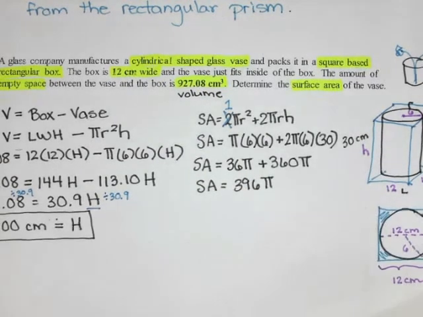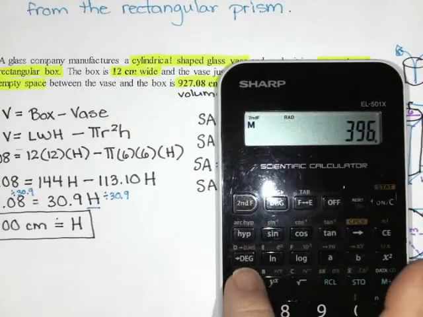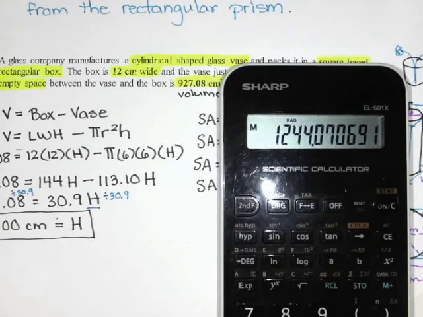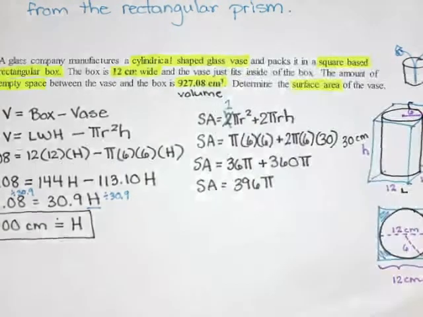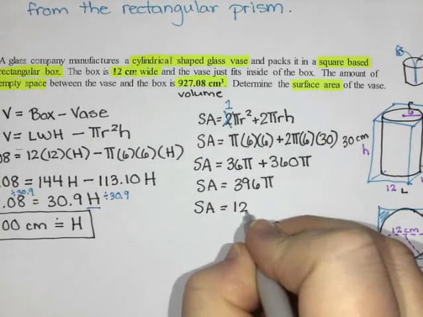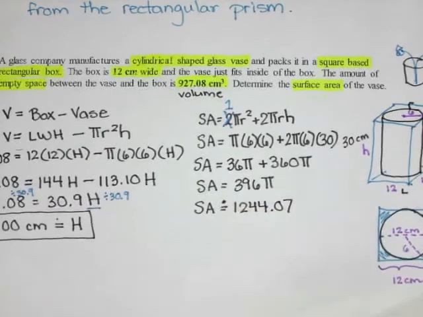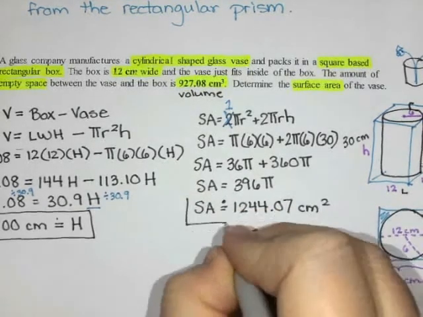And now that I'm at my final answer, I'm okay with getting a decimal, so I'm going to multiply that by pi. And I get 1,244.07. And then the next number is a 0, so it stays 0.7. Now that is approximate because I rounded, and that is centimeters squared.